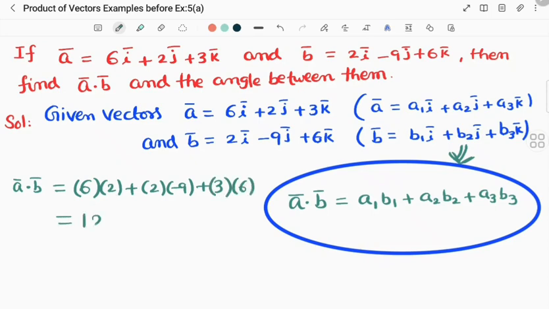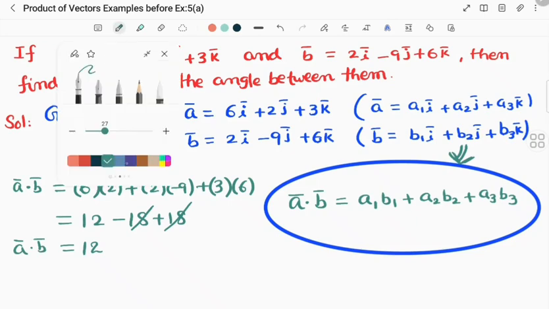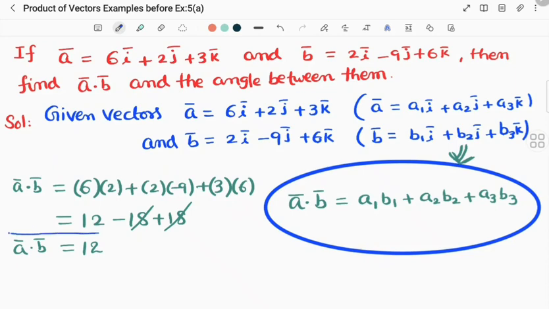So 6 2s are 12, 2 9s are minus 18, plus 18. So plus 18 minus 18 get cancelled, 12 is there. This is the value of A bar dot B bar. So A bar dot B bar value we got it.